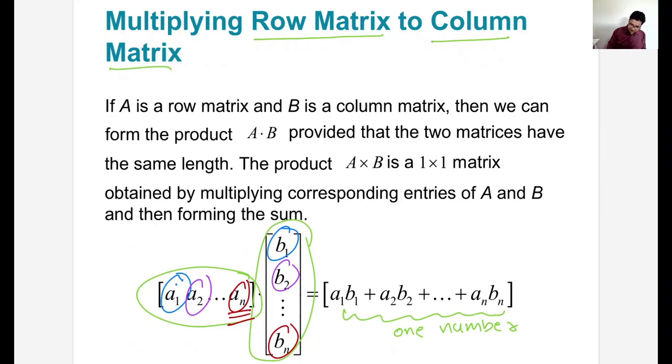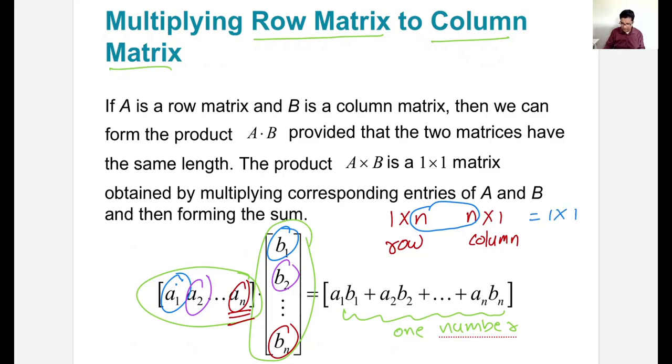So what is important here is a 1 cross n row, one row, n number of entries, so n columns, and an n cross 1 column. There are n rows, only one column. When you multiply them, the n vanishes. The result is a 1 cross 1 matrix, which is basically just a number, put inside the matrix brackets.